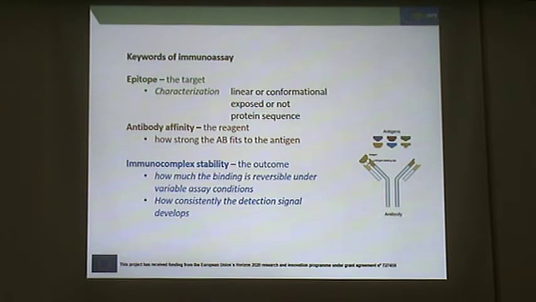When we talk about an epitope, we refer to a target. Antigen or epitope, we refer to the analyte, the target of the detection. When we talk about the analytical reagent, we refer to an antibody, and its quality is basically measured and assessed by the affinity.